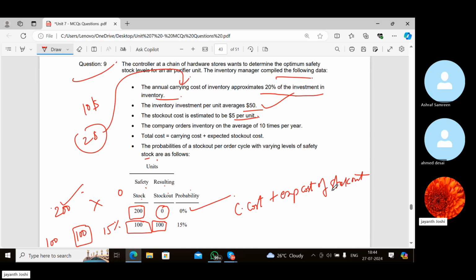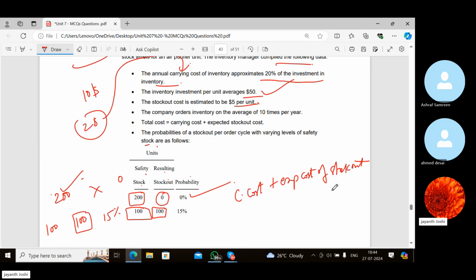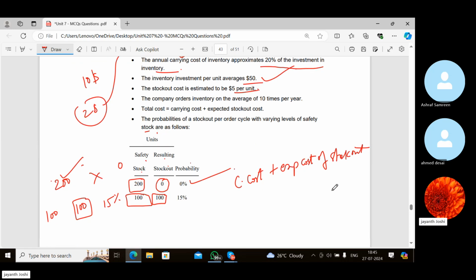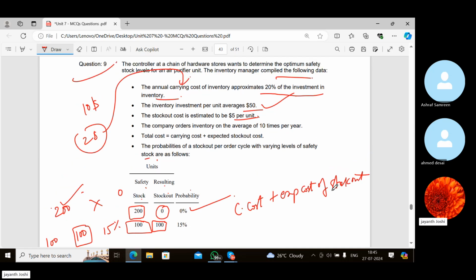Annual carrying cost of inventory approximates 20% of investment in inventory.